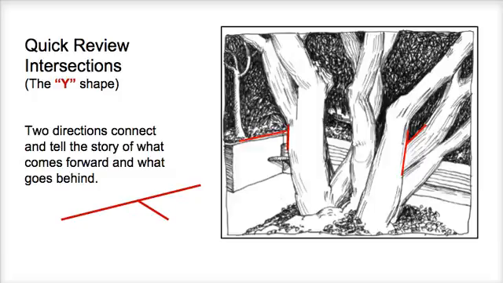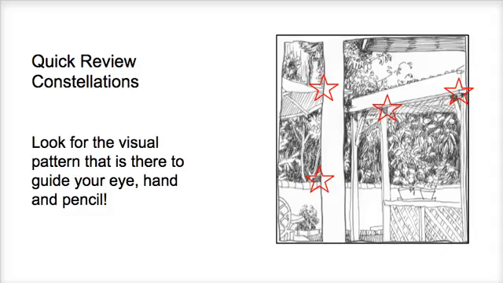And, quick review, intersections or the Y shape. The 2 directions that tell the story of what comes forward and what goes behind. And constellations, where you look for the visual pattern of intersections that can help guide your eye and hand and pencil and compare it with your drawing with the world in front of you.